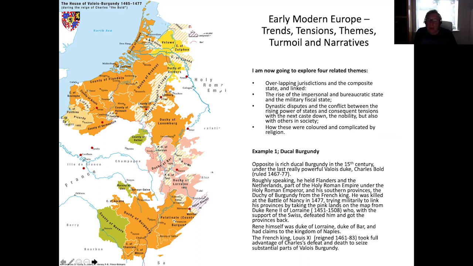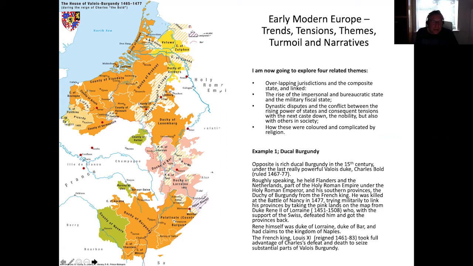They ran their own armies and they were very rich because they held the Netherlands, which you can see above, the County of Flanders, Duchy of Brabant, Duchy of Luxembourg. These were probably the richest areas in the whole of Europe, and whoever controlled them, and the Dukes of Burgundy did, was going to be rich.